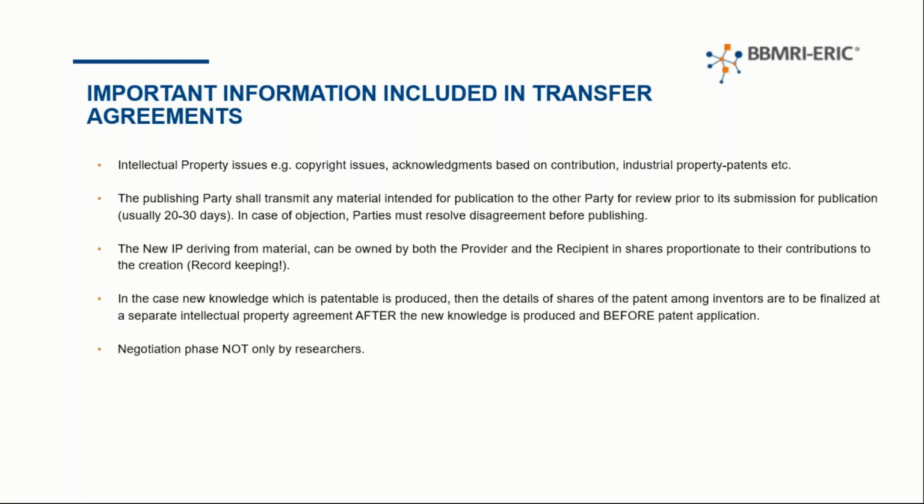The most important one, to ensure that the rights of both parties are protected, is the obligation to transmit any material intended for publication to the other party for a prior review. And this can vary between 20 to 30 days.